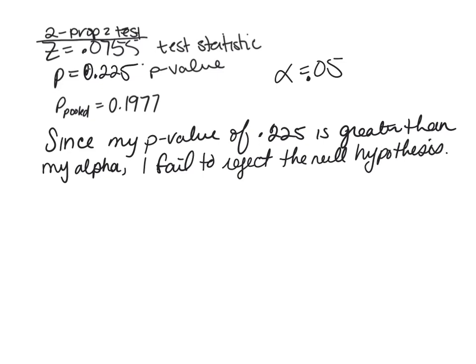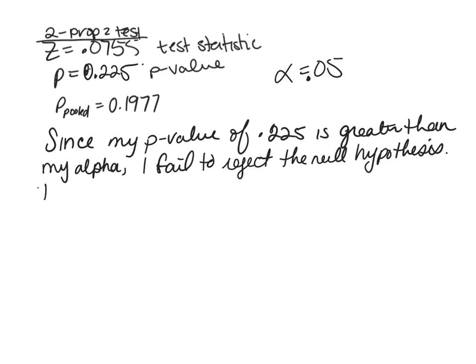Right, because the probability of getting this difference is pretty high. There's a 25% chance that just by random sampling variation, we get a difference of 3%, because it was 18 and 21, right? So it's probably not because the genders shop differently.